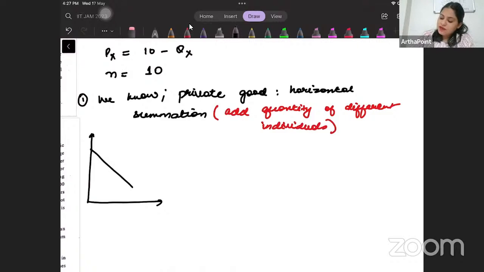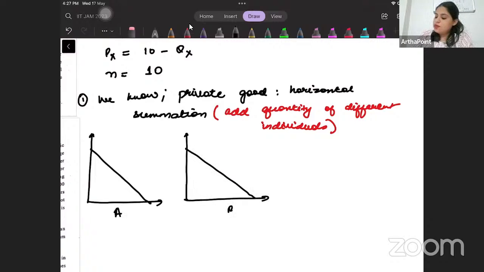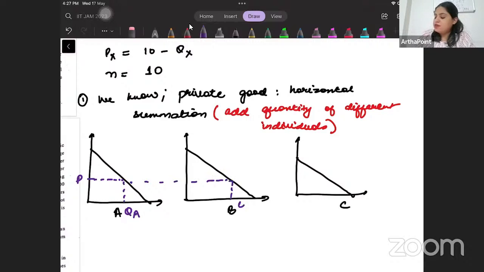I have a demand function of individual A, I have a demand function of individual B, of individual C, and so on. At a given price, I will find demand of A, I will find demand of B, I will find demand of C, and I will add all these demands together. This is called horizontal summation. ये हमें यहाँ पे करना है.